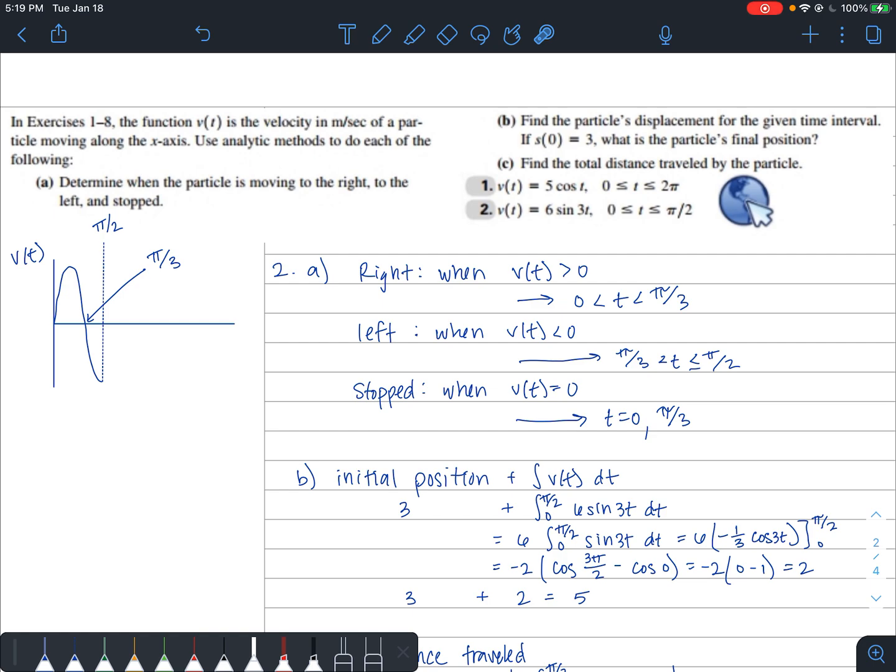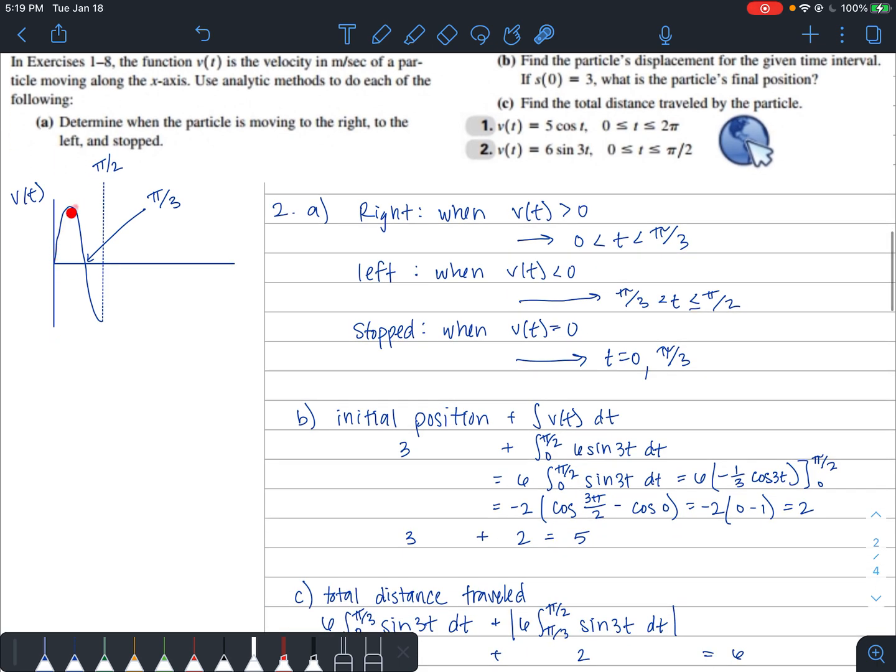Its initial position is 3, so it's starting at 3 units. It might be moving left and right a certain amount of distance, but that's where it starts. It's moving forward, or you could say to the right, and then moving to the left here.